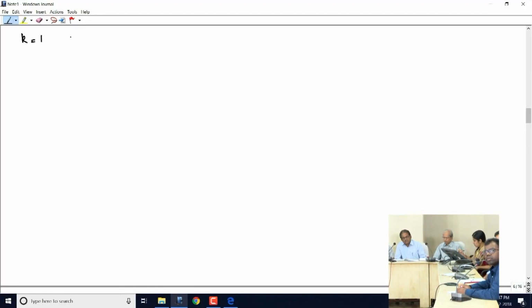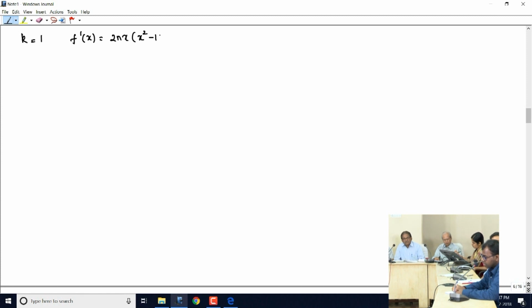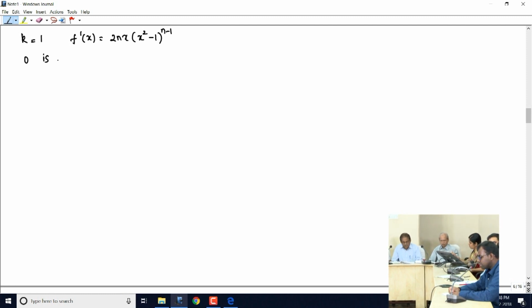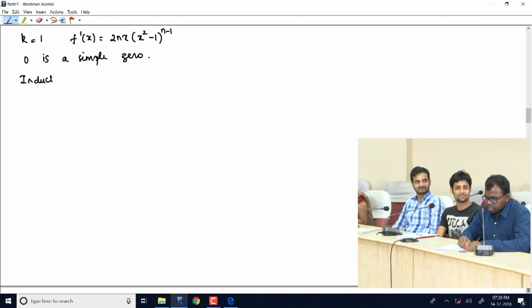For k equal to 1, f'(x) is equal to 2nx (x² − 1)ⁿ⁻¹, and clearly 0 is the zero of f'(x) in the open interval −1 to 1.